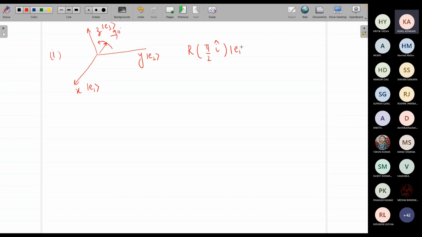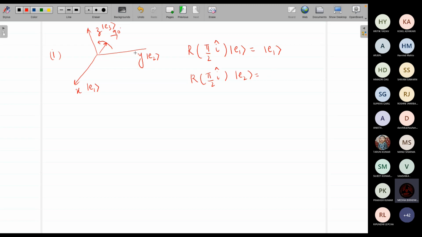What will happen to E1 first? Think about it like a screw. It remains unchanged. So this will be E1.